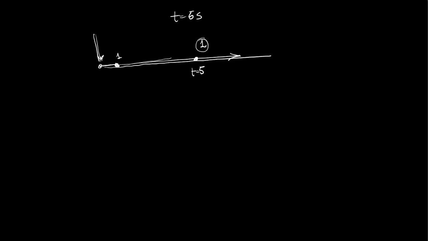The second particle, which would have been injected 1 second after the injection of particle 1, would reach some distance over here. So this is the second particle at t equal to 5, but it was injected at 1 second. This was injected at 0 seconds. Then the third particle at t equal to 5 would be over here, but it was injected at t equal to 2 seconds, and so on.